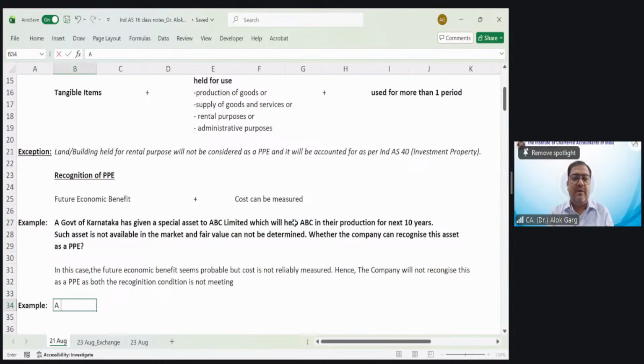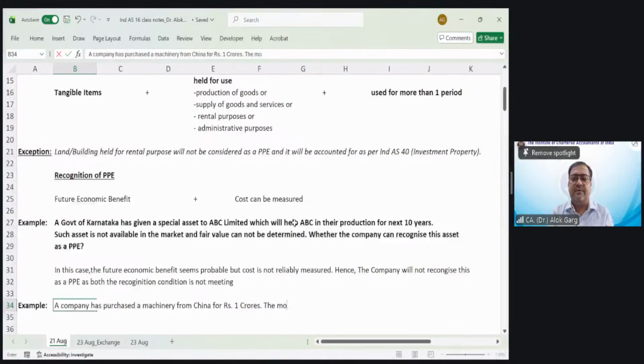Okay, a company has purchased a machinery from China for rupees 1 crore.